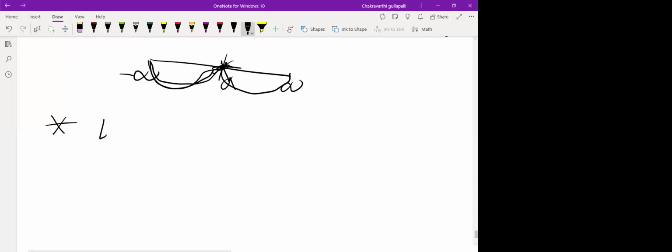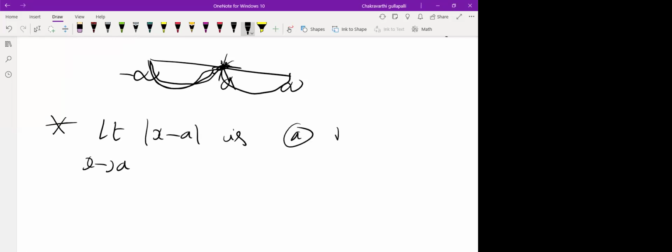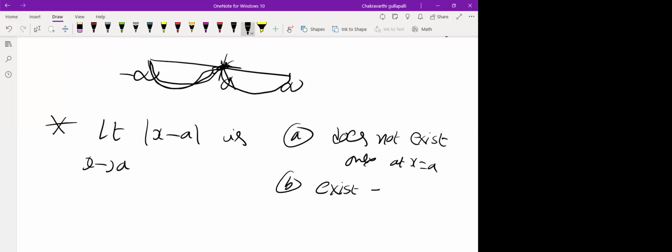For example, limit x approaching a of mod x minus a is, again, does not exist only at x equal to a, same options. Exist everywhere. Exist everywhere except at a.